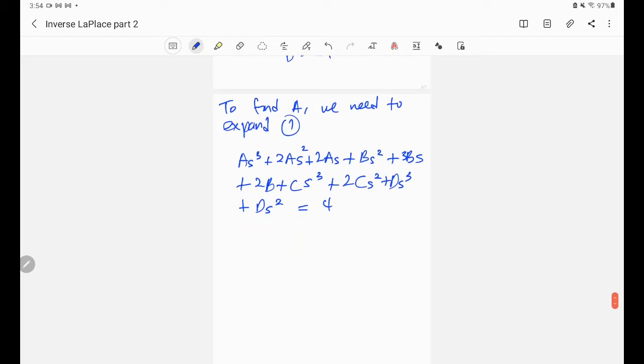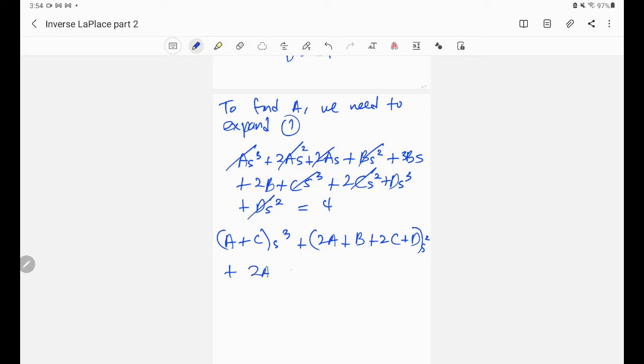We can then group it according to the order of s. We have A plus C plus D for s cubed, and then we have 3A plus B plus 2C plus D for s squared, and we have 2A plus 3B for s.